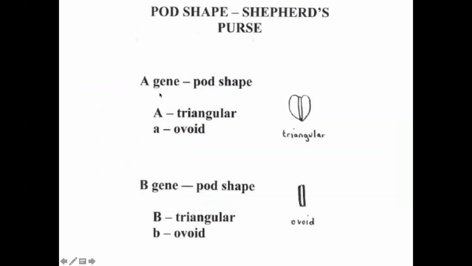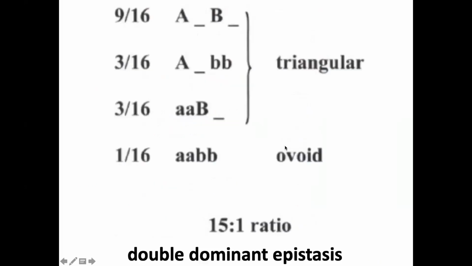The A gene and the B gene determine pod shape, the same trait, dominant recessive alleles at A and B. They said A produces a triangular shaped seed pod. Same thing for B. And then the recessive alleles at A and B produced an ovoid shaped seed pod. Okay, so then the last thing they had to determine was the nature of the epistatic interaction. So you go to this chart again.